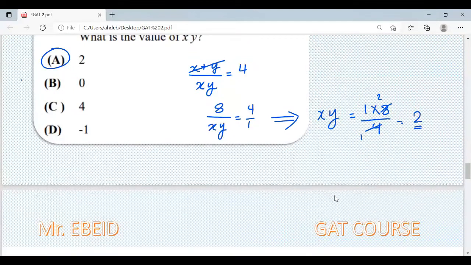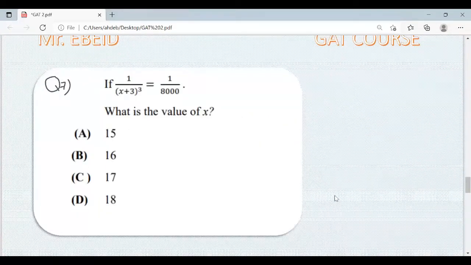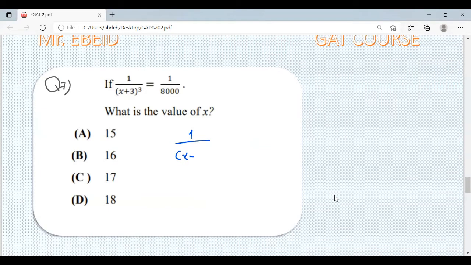Let's move to question 7. 1 over (x plus 3) all power 3 equals 1 over 8,000. What is the value of x? Now the numerator equals the numerator, it means the denominator equals the denominator. So we have (x plus 3) power 3 equals 8,000.